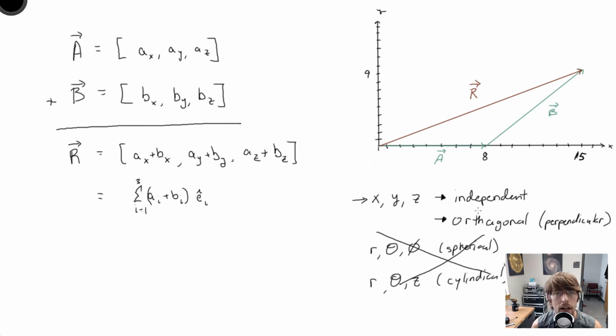I emphasize it now because this will become very important when we start dealing with 2D motion. This is what allows us to break motion in the x direction apart from motion in the y direction. Okay? So stay tuned. This is the algebraic representation, or how we actually do addition: we add by components.